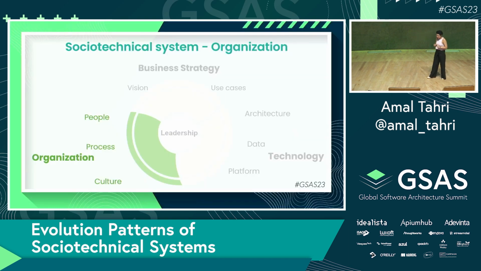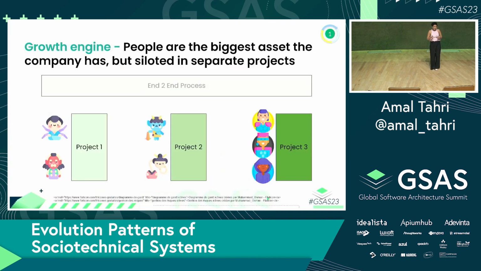Now let's talk about the people that are going to work on this MVP approach. Now we're going to see the organization. So first of all, what is the growth engine that any company has? In my opinion, it's the people. The people are the biggest asset that a company has, and any organization needs to invest in the people.